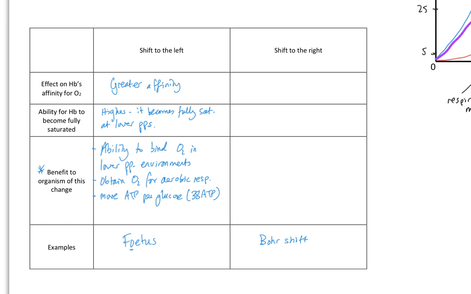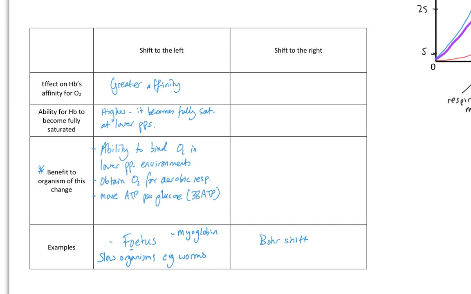Okay, so if you have a curve to the left, you tend to be a slower organism. So this is slow organisms, e.g. worms, things that live in almost anaerobic environments. The only other example that comes up possibly is myoglobin, that's got a super high affinity for oxygen, and it's like an emergency store of oxygen.